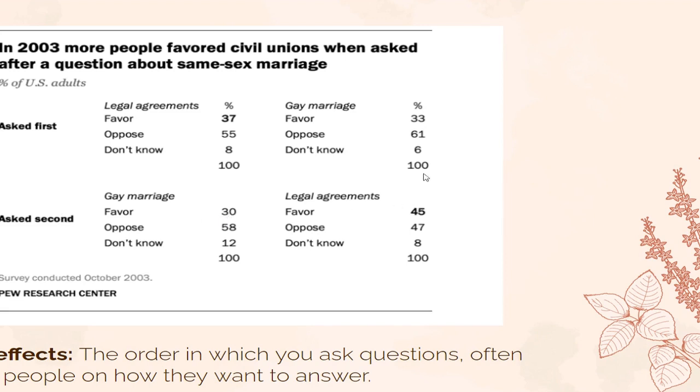What this tells us is that probably when asked about legal agreements, people didn't really think about what that meant. The term legal agreements kind of makes me think of a lawyer, which might not be something that I have positive views about. But when they were asked about gay marriage first, that let them know we're talking about legal agreements in terms of how that corresponds with civil unions and same-sex marriage.